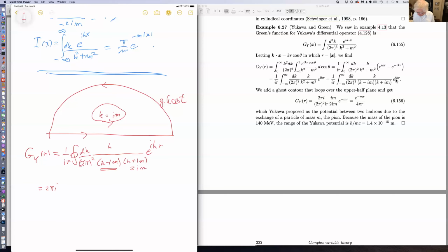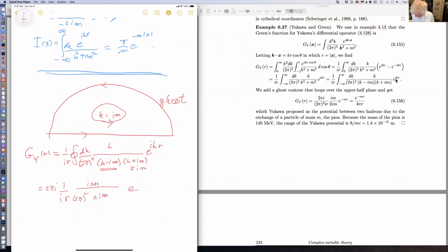And so we have, first of all, 1 over ir, 2 pi squared. This would be 2im. The numerator there would be im.